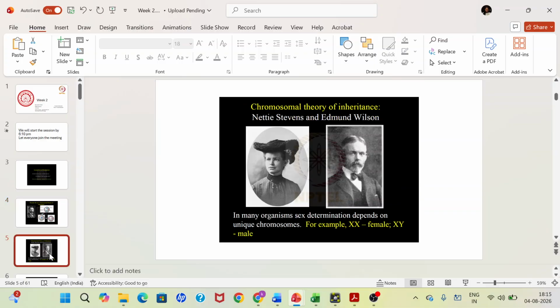Then these two people, Nettie Stevens and Edmund Wilson, told what leads to sex determination depending upon the unique chromosomes inside humans, for example. Although the somatic chromosomes are all the same in both genders, obviously there must be a single chromosome difference that makes male male and female female.